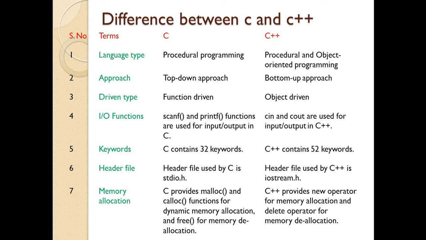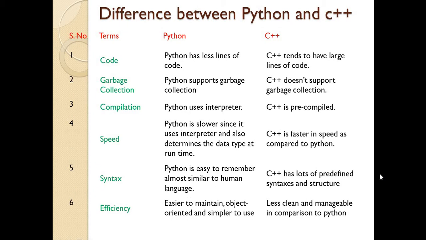In C++, we will be using new and delete operators for memory allocation and deallocation. So to allocate a dynamic memory at runtime, we will be going for new operator. And to delete a memory, we will be going for delete operator, right? For deallocation. Okay.